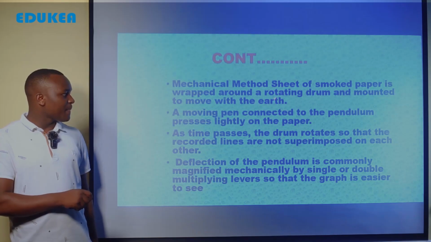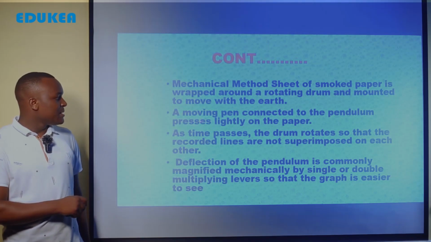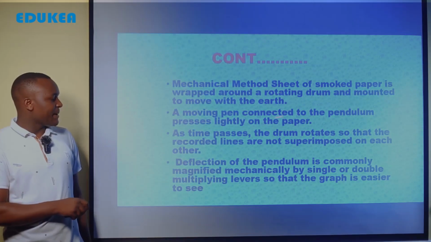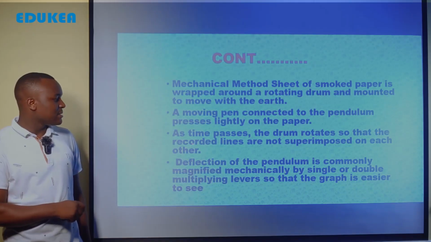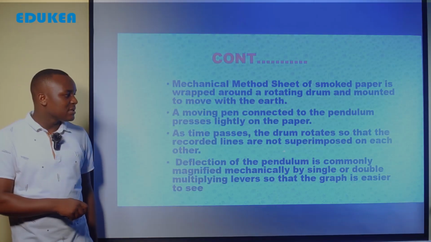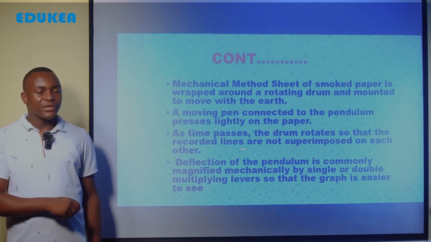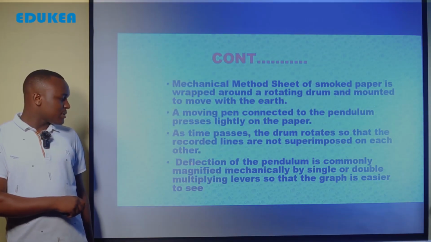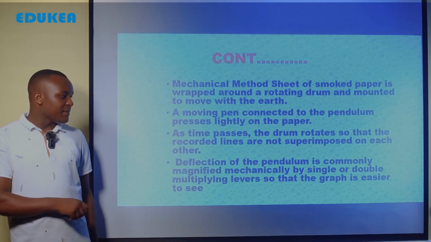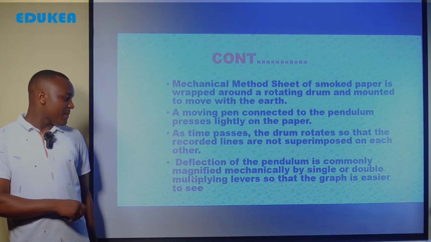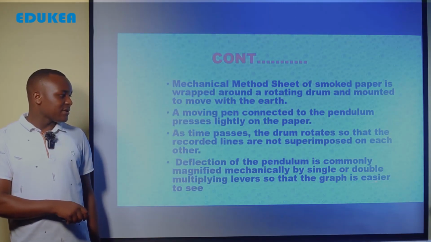As time passes, the drum rotates so that the recorded lines are not superimposed on each other. But also we say deflection of the pendulum is commonly magnified mechanically by a single or double multiplying lever so that the graph is easier to see. That is how you can measure the motion of the pendulum by using the mechanical method.